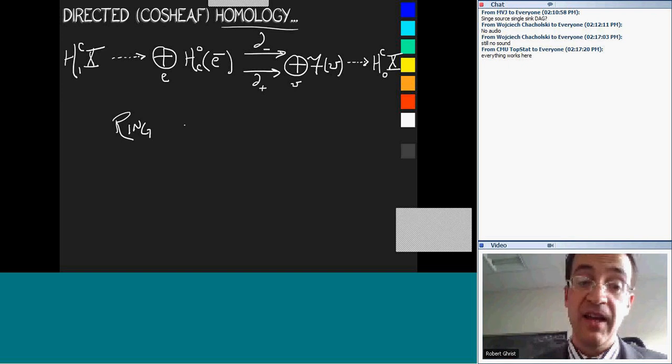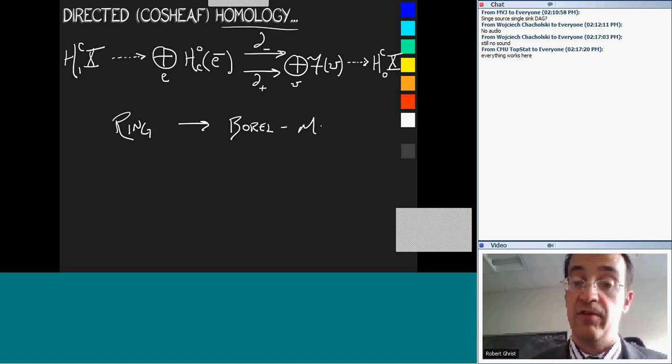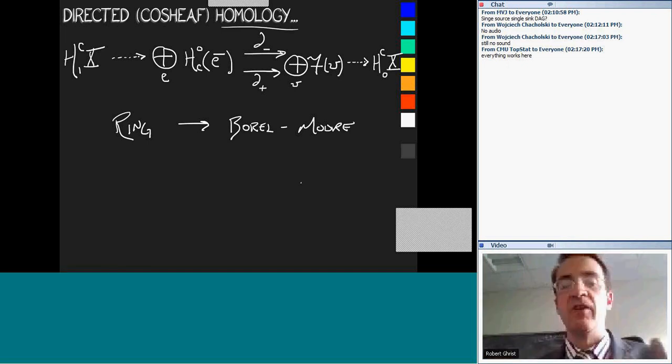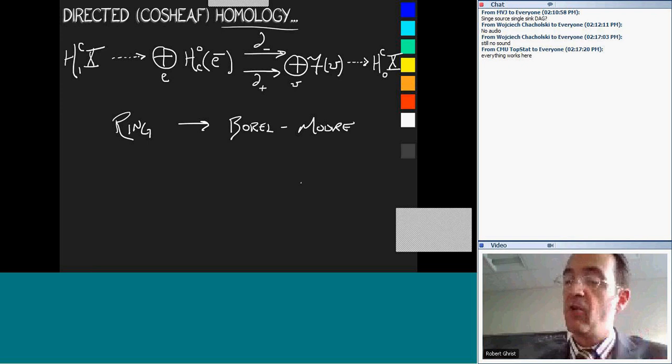As one would like, if we have a ring, then this gives us the standard Borel-Moore theory, which is good. Taking standard compactly supported sheaf cohomology, a co-sheaf homology closed, and updating it for coefficients in semi-modules.